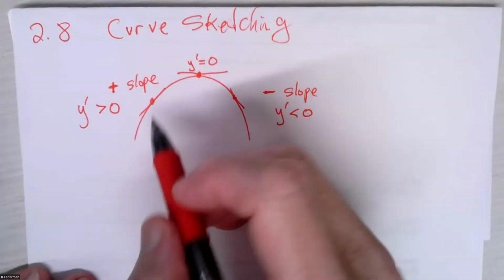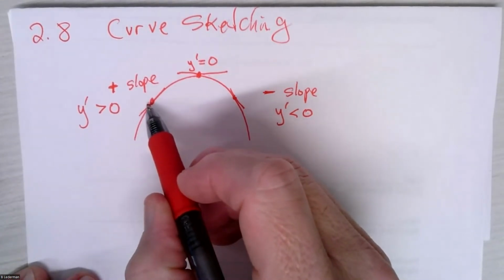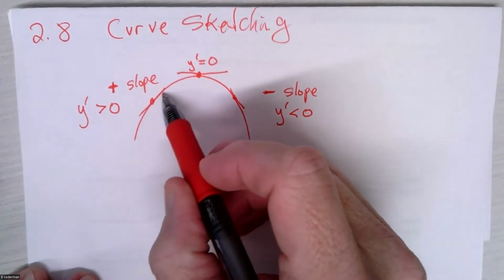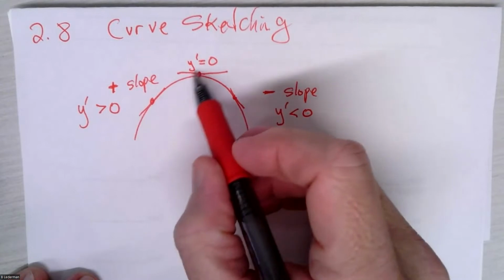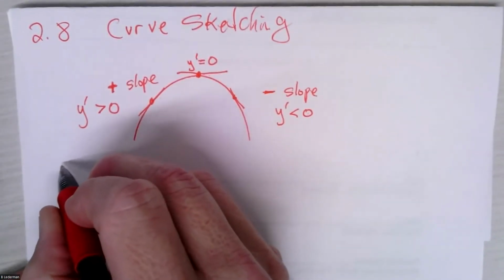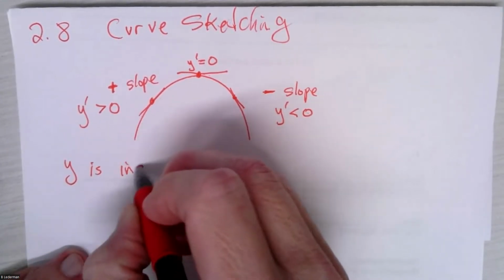But the point I want to bring out is that when the slope is positive, and of course the derivative is positive, that's happening when the function is going up. The function is what we call increasing. So y is increasing.